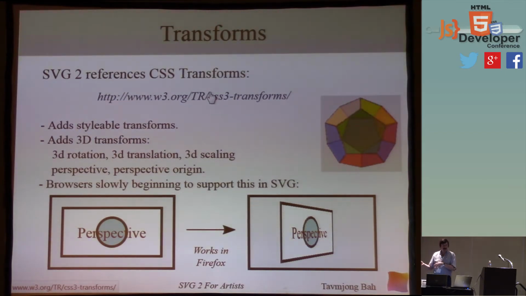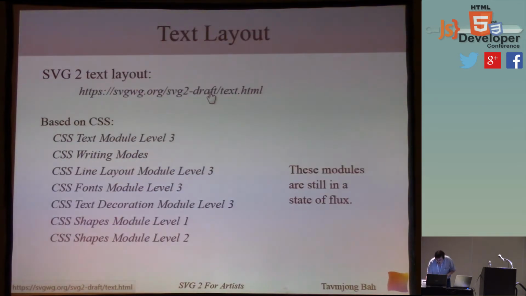Now these started appearing in HTML, I don't know, a year or two ago, and now you can start seeing them in the browsers. The image on the right is actually using a 3D transform to produce it in SVG. It only works in Firefox right now. In Chrome, you can rotate objects in 3D transforms, but at least I couldn't get a perspective to work. So that's appearing, and they're starting to appear in the browsers.